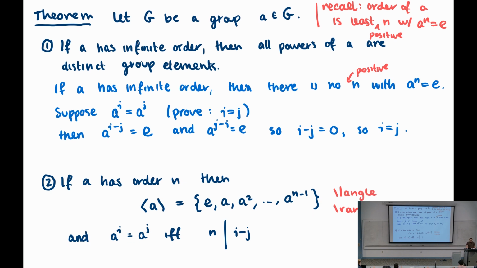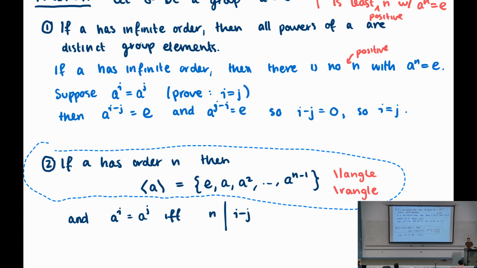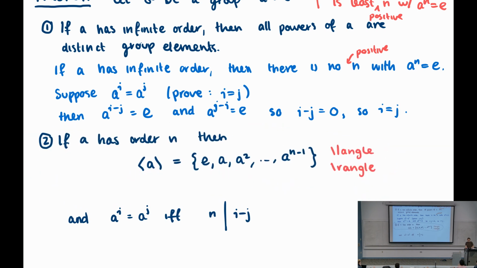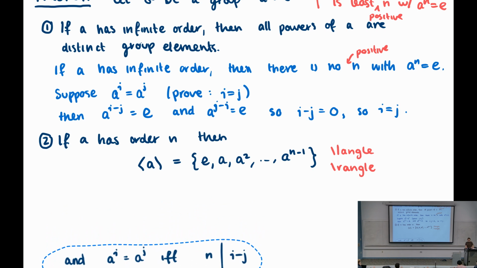Okay, so let's move on to this second part, and I'm going to break this into two parts as well. I'll just do this first bit, and then I'll come to 2B after. What we want to show is that the subgroup generated by A is equal to this set.